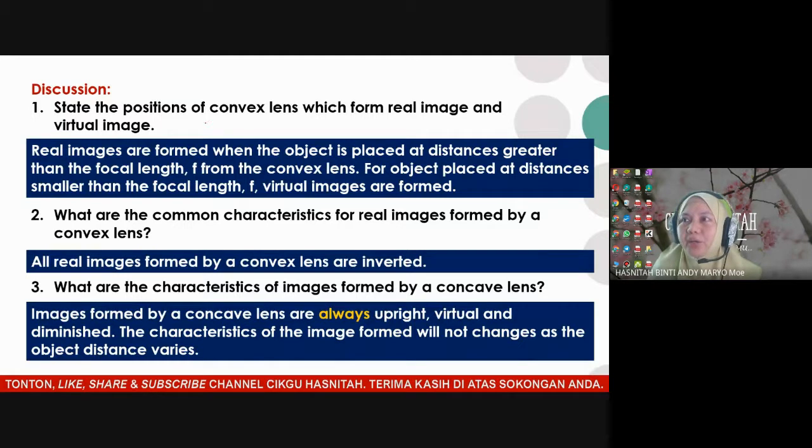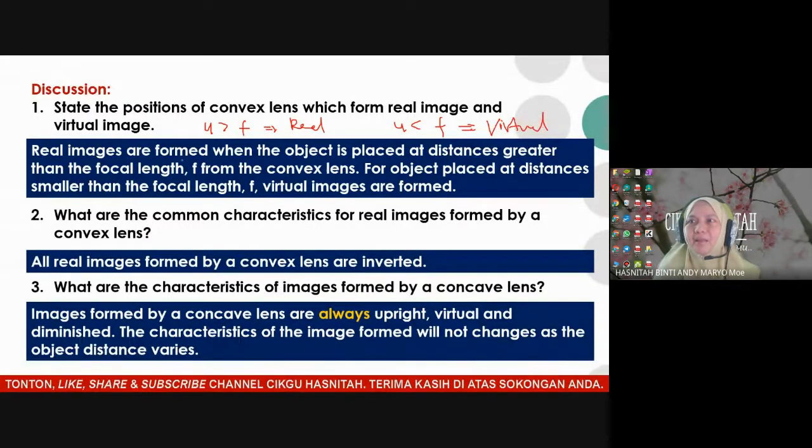When U is greater than F, it will form a real image. Then when the object is placed at a distance smaller than the focal length, when U is less than F, it will form a virtual image.